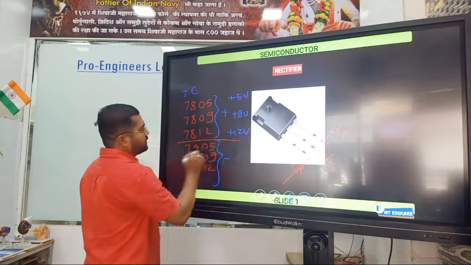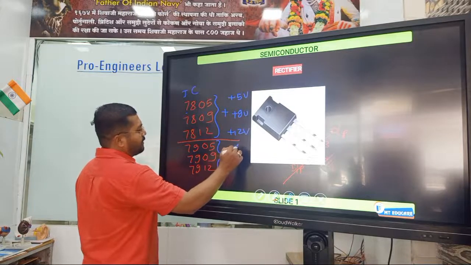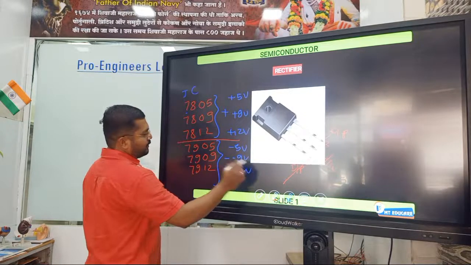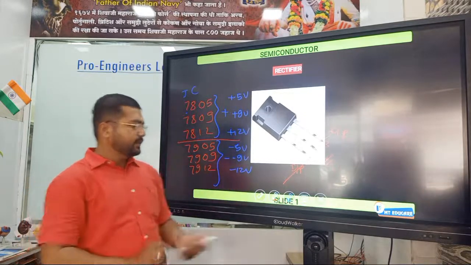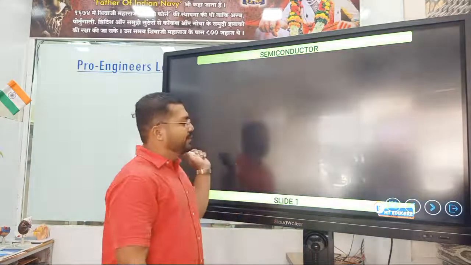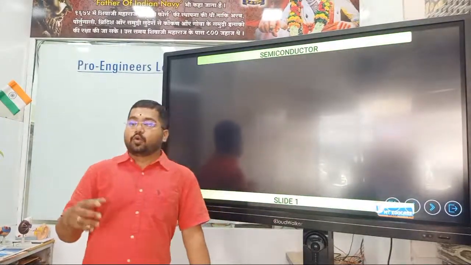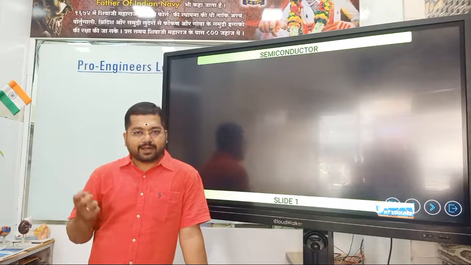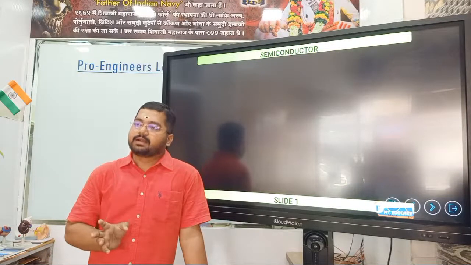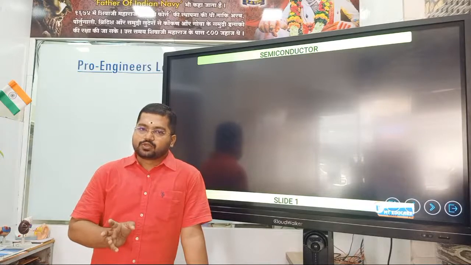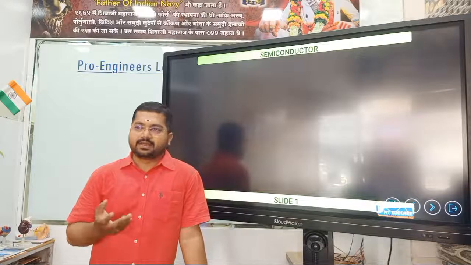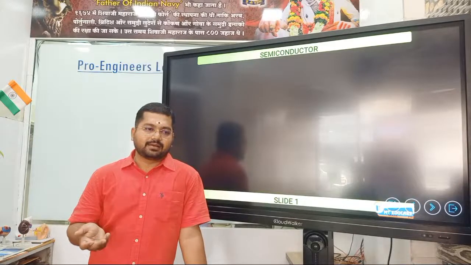Positive 12 volt, this is for negative 5 volt, this is for negative 9 volt, this is for negative 12 volt, right? Again, this is for your additional benefit if you wish to make your own mobile charger. That starts from the transformer, rectifier, right? So if you wish to make your own mobile charger, you can bring those components and we can certainly make our own mobile charger.